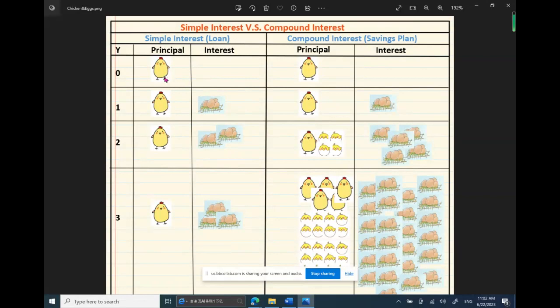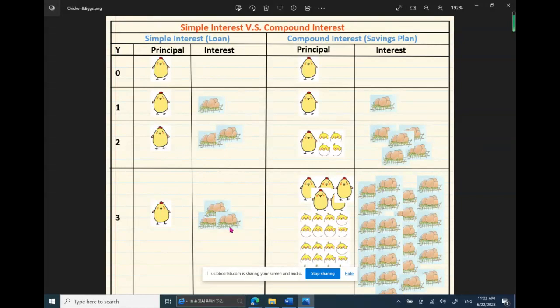In my table note, I describe principal as the chicken, and I describe interest as the eggs, because chickens lay eggs, right? In the case of simple interest, every year the chicken lays 4 eggs. By the end of year 2, you have 8 eggs.